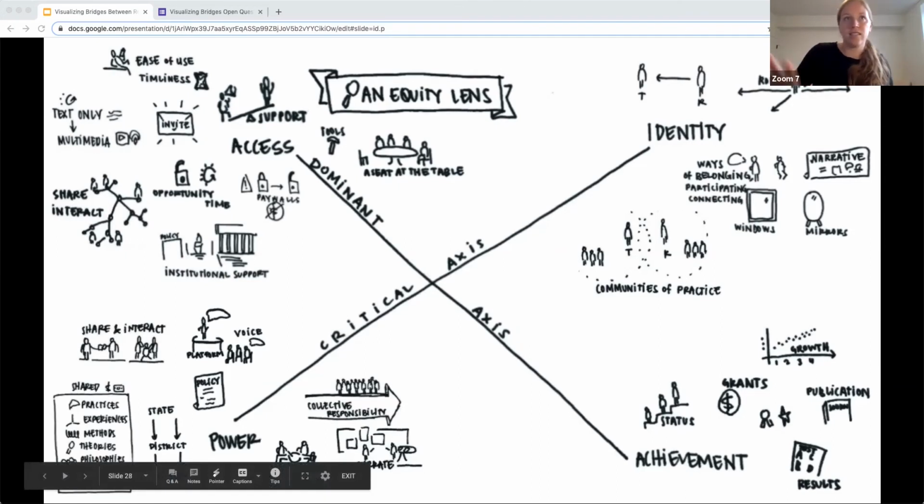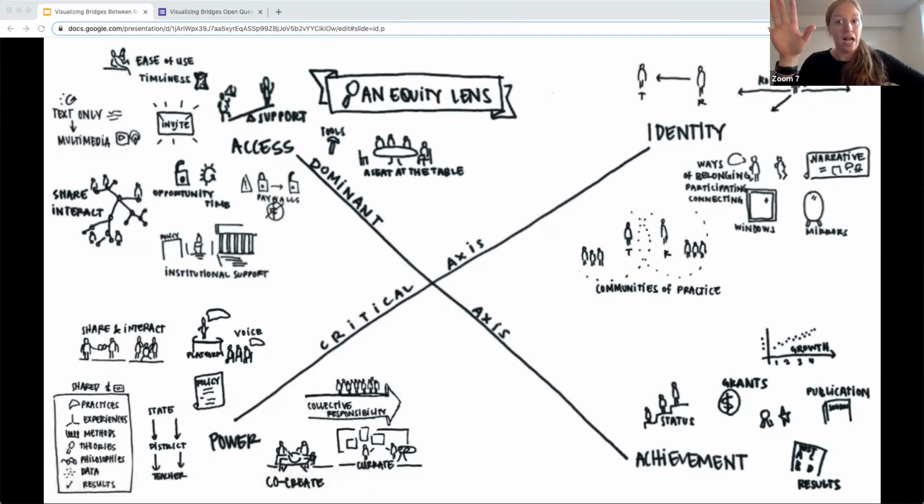So this is the equity framework. I went through a lot of open questions, a lot of opportunities, a lot of barriers. I'm curious if you guys have any thoughts on what this whole image represents.